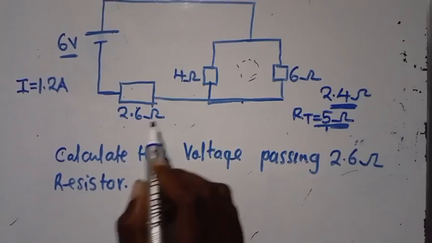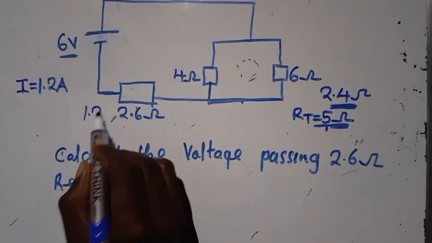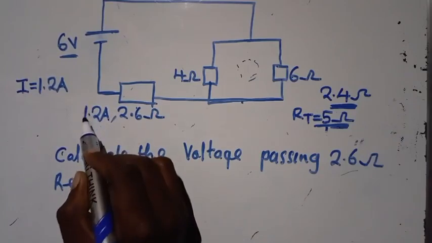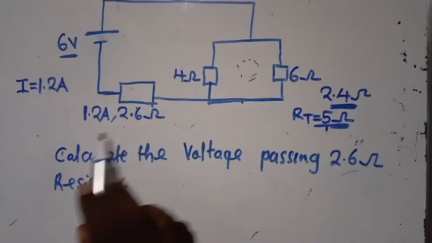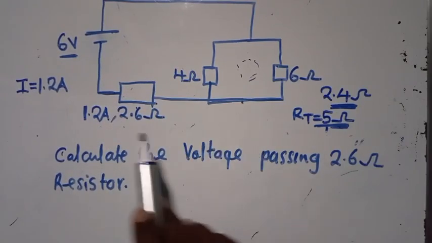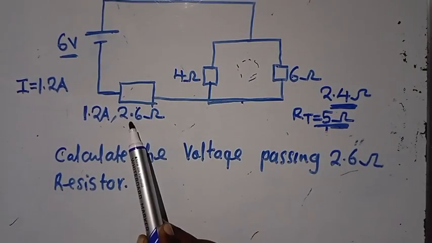So the same total current passing through the cell is the same current that is here, 1.2, because this one is in series to that.